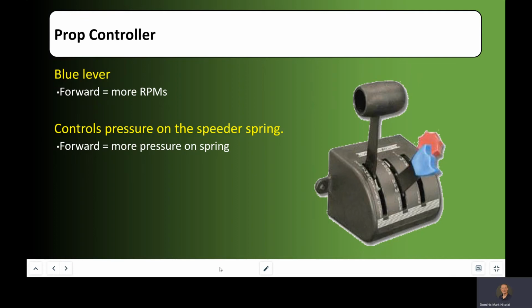Nice bit of engineering there, but most aircraft are going to have that blue knob over here for the propeller controller. So the thing to remember with the propeller controller is when you push that forward, you want more RPMs. Very similar with throttle. When you push the throttle forward, you want more power, right? So blue knob forward is going to be more RPMs out of the engine.